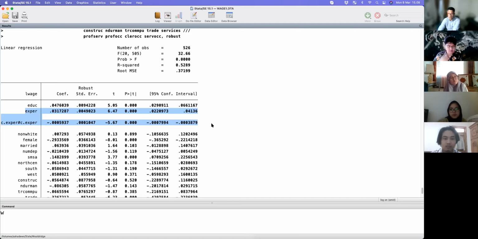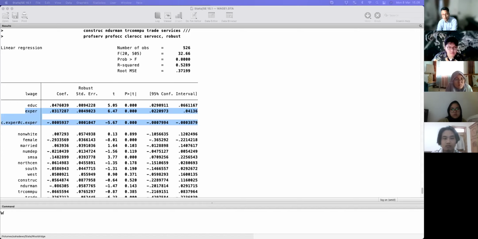Can anyone tell from the regression result whether those variables are significant? I think at 5%, it is statistically significant. Yes, both the experience as well as the squared experience variables are statistically significant.